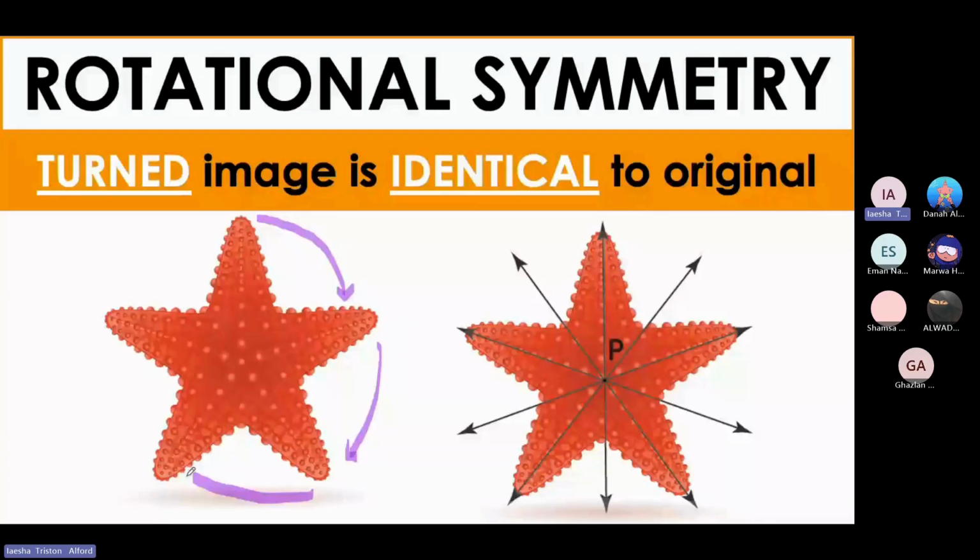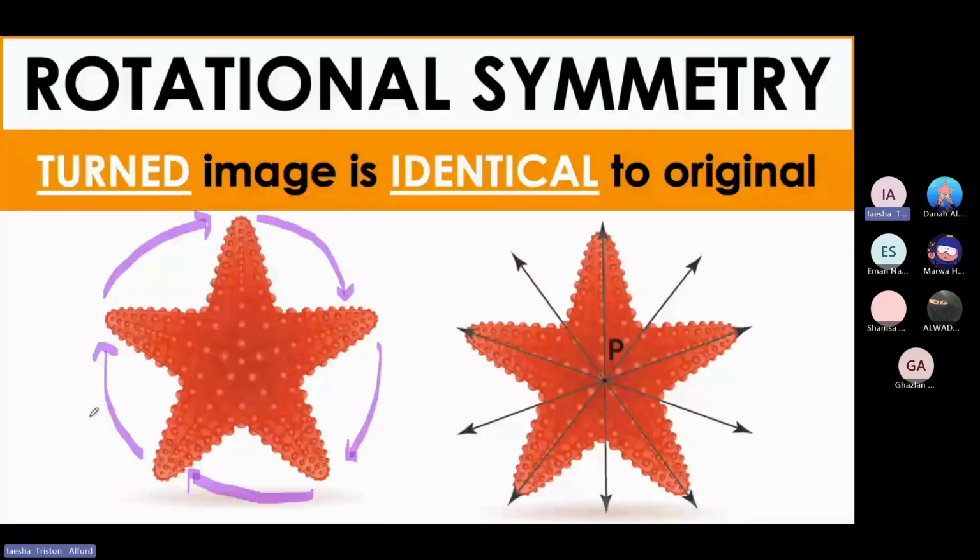Can we turn it, yes or no? And then how many times can we turn it to get the exact same picture? That is rotational symmetry. So be careful in the exam to read what they want. One question will be about line symmetry, and another question will be about rotational symmetry. Rotation means to turn.